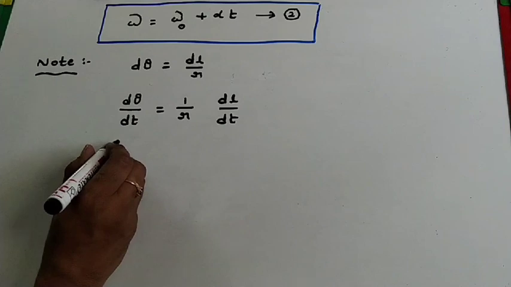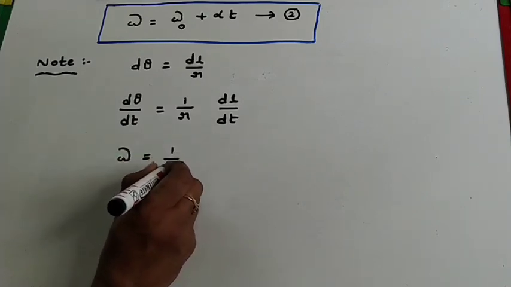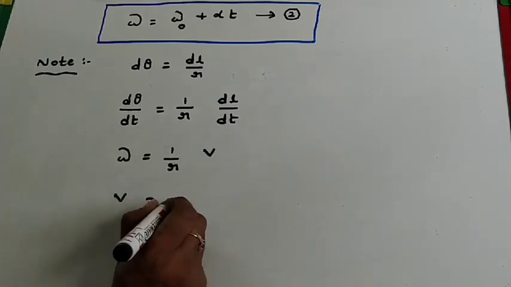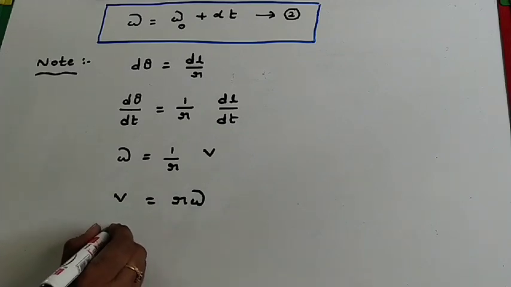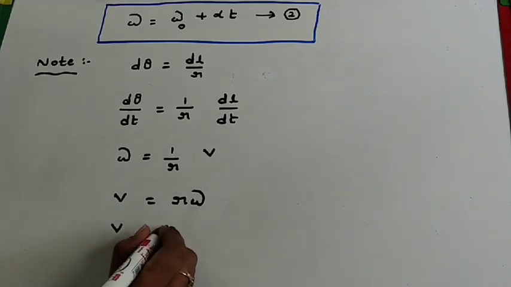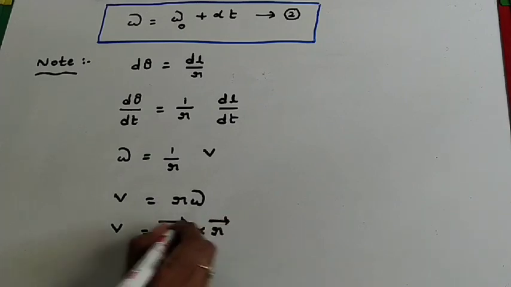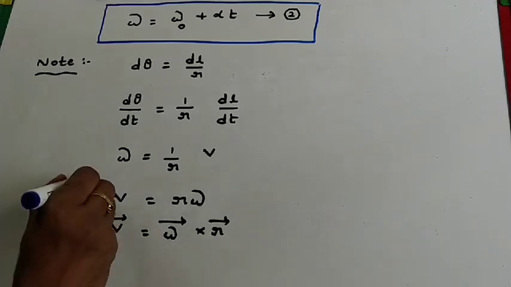Therefore, what is d theta by dt? Omega is equal to 1 by r into v. Therefore, v is equal to r omega, or v is equal to omega vector cross r vector. This is an important point.